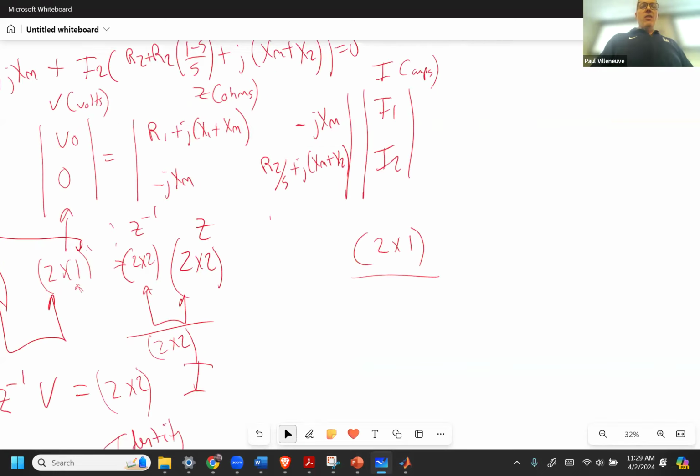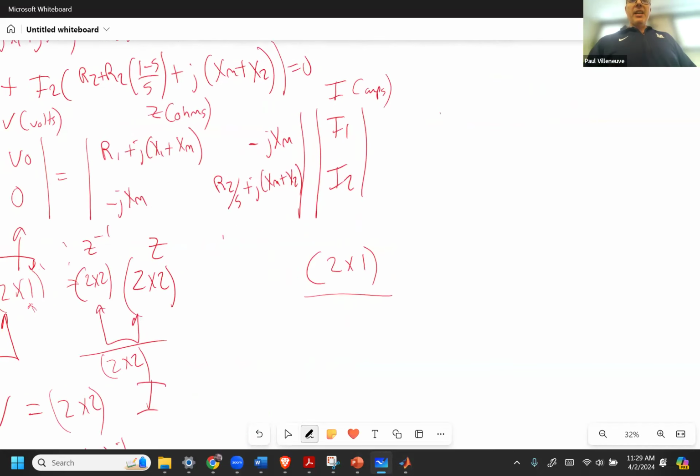So now all I need to do to get my I1 and I2 is pre-multiply. So this is R1 plus jX1 plus XM, minus jXM, minus jXM, R2 over S plus j times XM plus X2, that whole quantity.